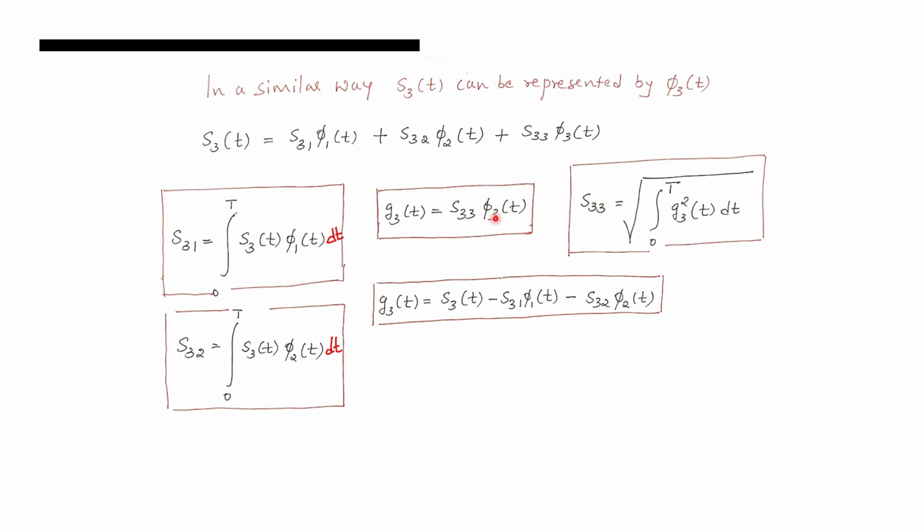So once S33 is known and G3 of t is known, we can calculate the third orthonormal basis function as G3 of t divided by S33. Like this, the procedure continues.